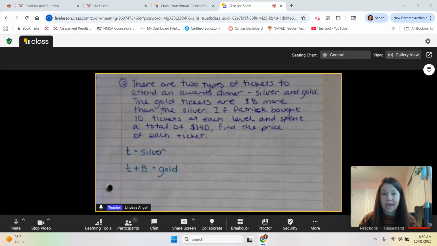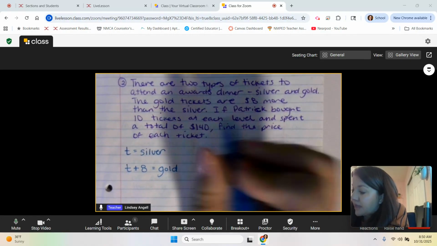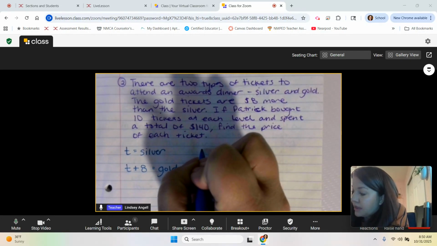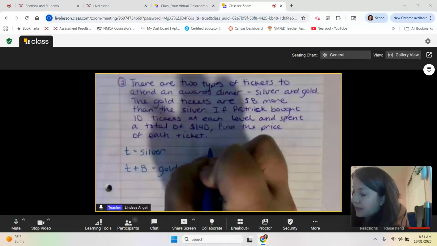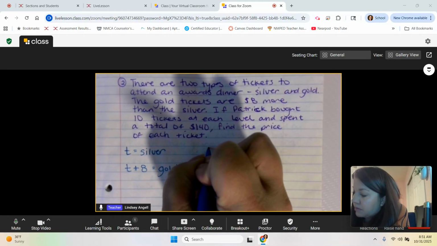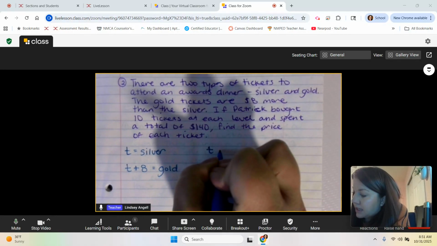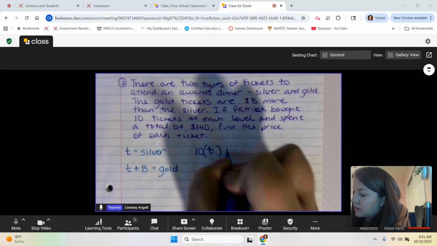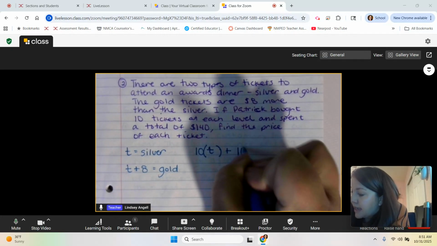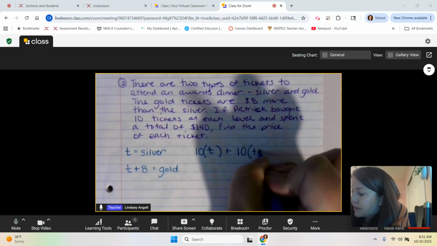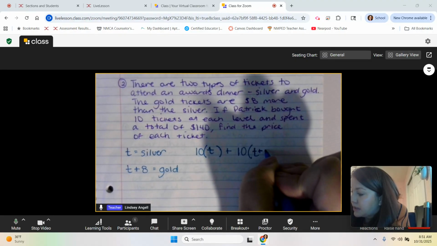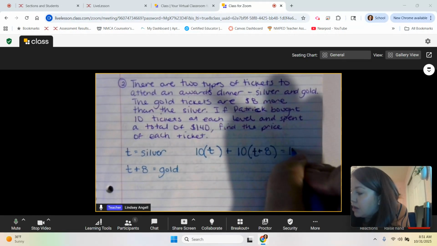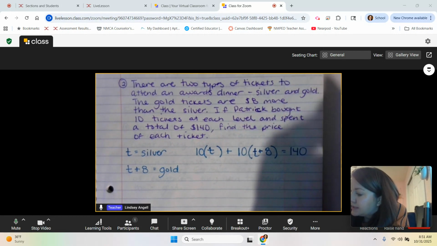With that, we know that there are 10 of each. So we're combining 10 of T, and then 10 of T plus 8. Oh, I shouldn't have used T, it looks like a plus sign.